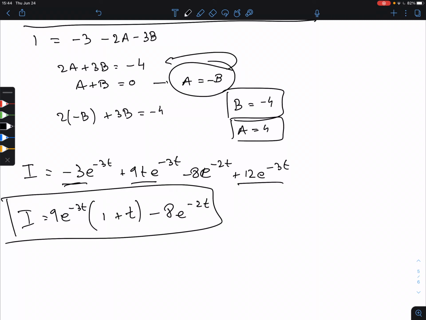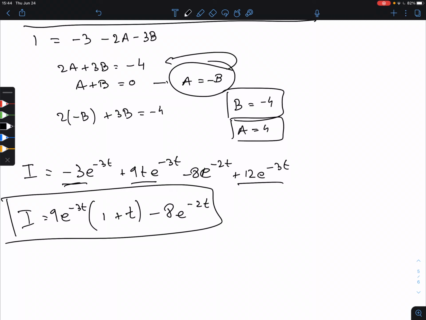Okay, so that's how this circuit will react, and we know that. What happens, of course, again, when t tends to infinity, all these terms go to 0, so the charge will dissipate.